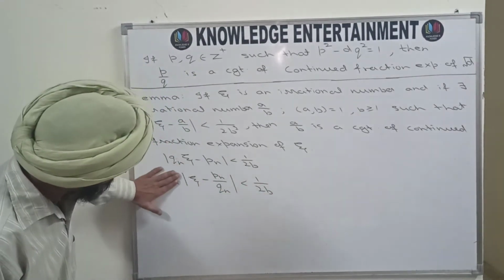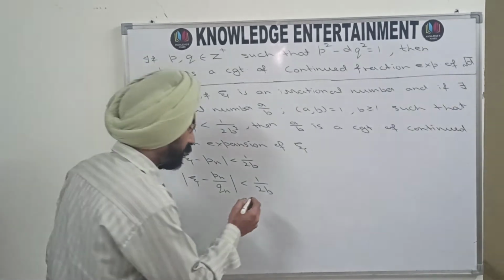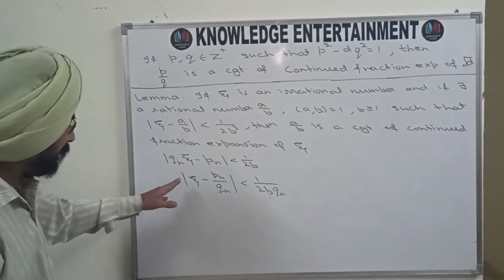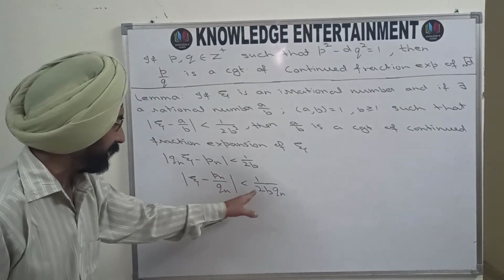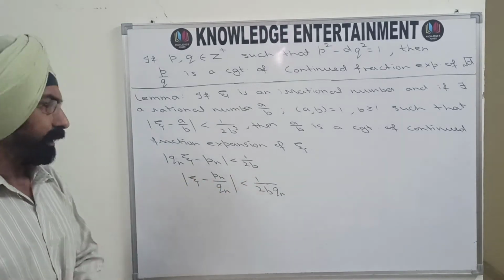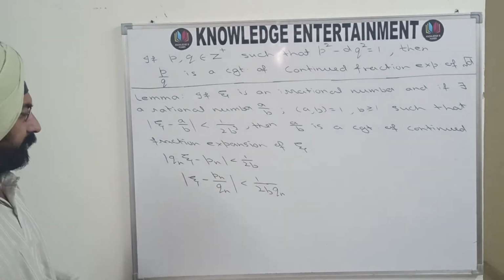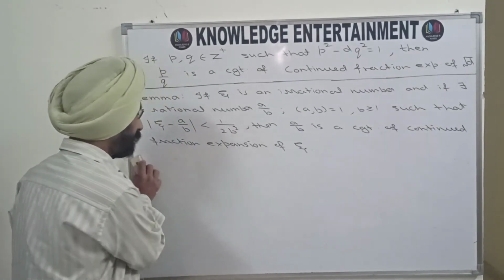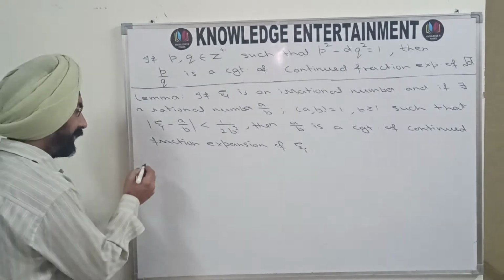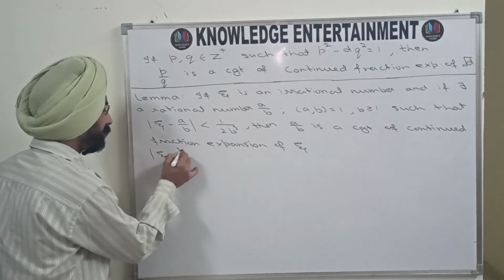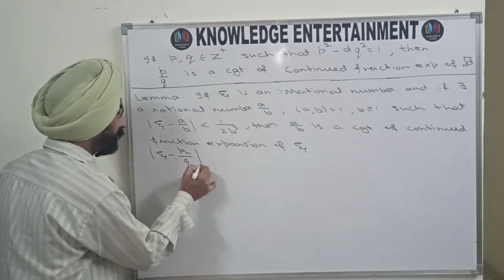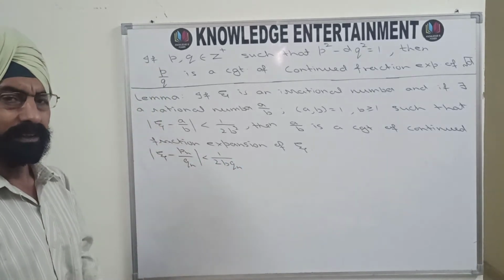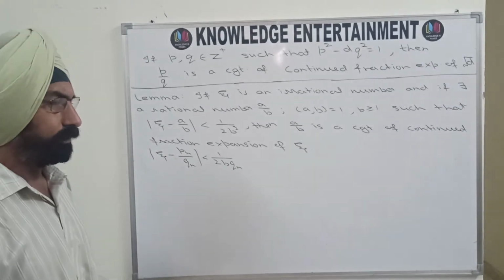So q1 will be removed from here, and here you will get 2b into q1. So we have that |xi minus pn upon q1| is less than 1 upon 2b q1. I'm rewriting it as |xi minus pn upon q1| is less than 1 upon 2b q1. This is one result which we will use.